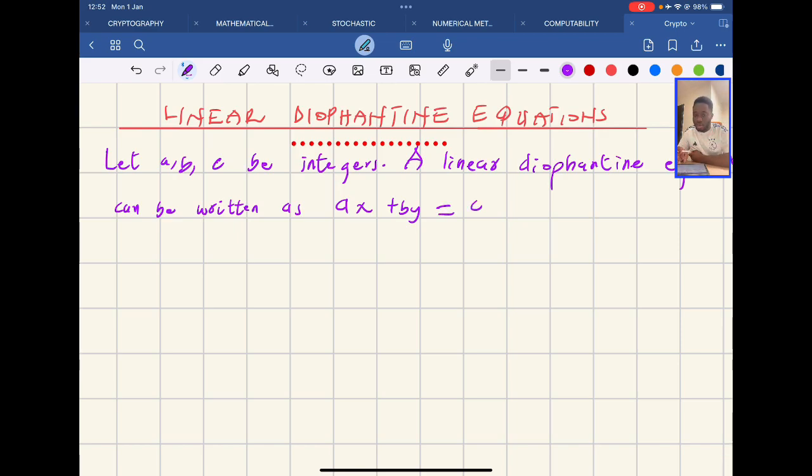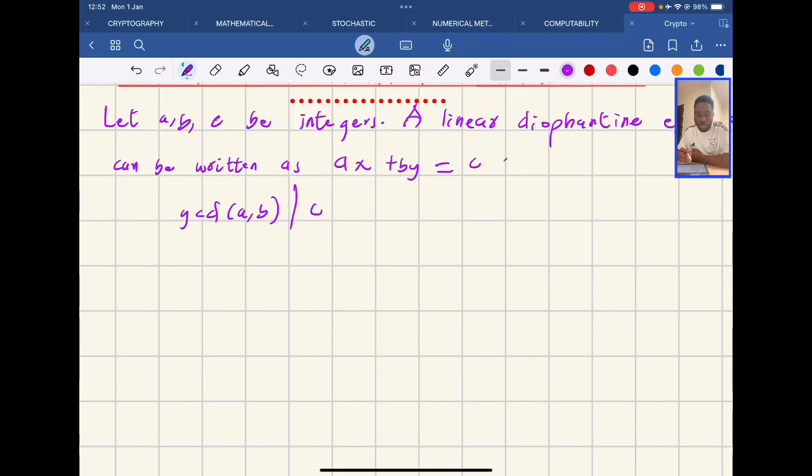So whenever you are given an equation like this and asked to find a solution, we have ways of checking if it is possible to solve it. The first thing to look at is to check if the GCD of a and b is a divisor of c.